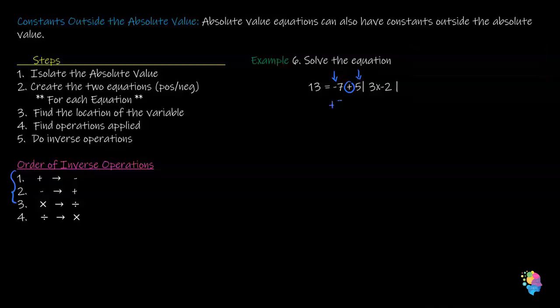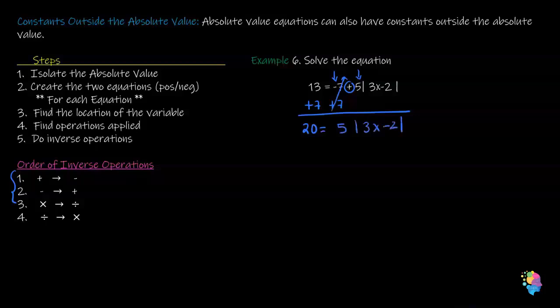So we add +7 plus 7. From left to right, 13 plus 7 will be 20. On the right side, -7 plus 7 goes to 0. Don't forget, we still have that multiplication by 5 and then the absolute value of 3x minus 2.